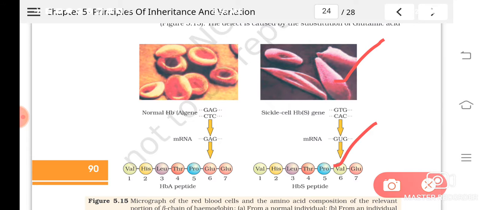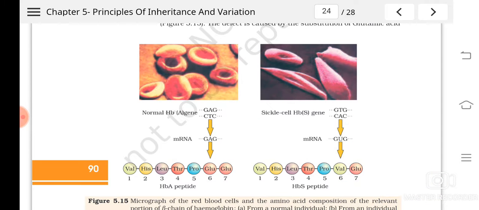So this is happening. See, a simple single base pair mutation, instead of T, A comes here. And due to that, the mRNA coded will be changed. That is, GAG becomes GUG. And due to this, the amino acid added in the polypeptide chain will be changed.